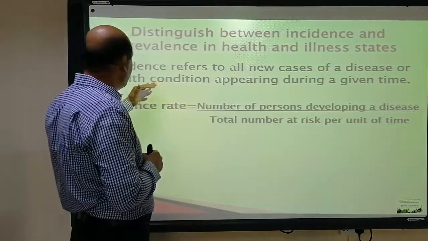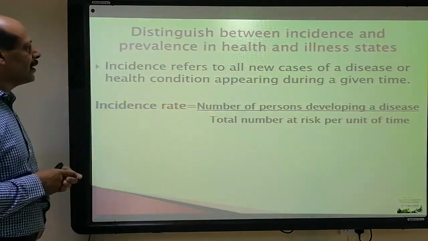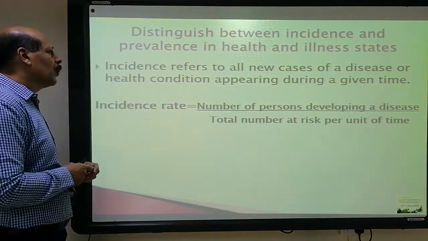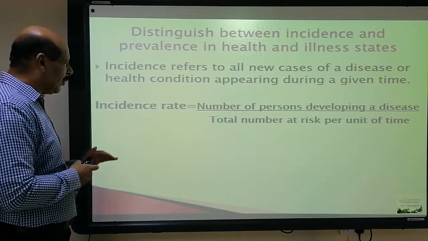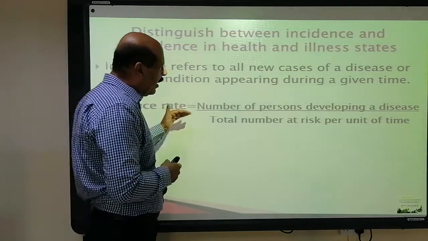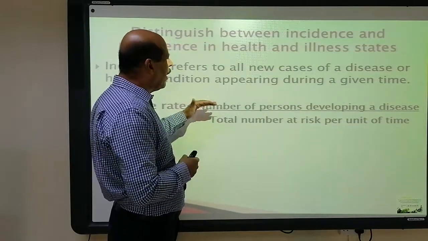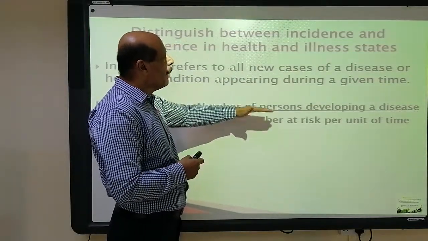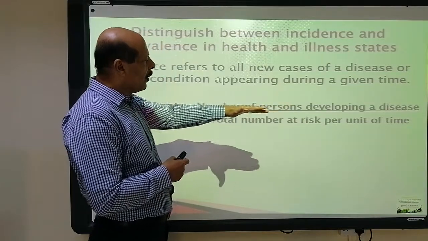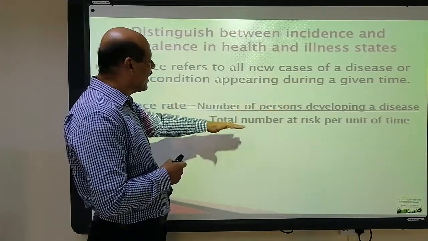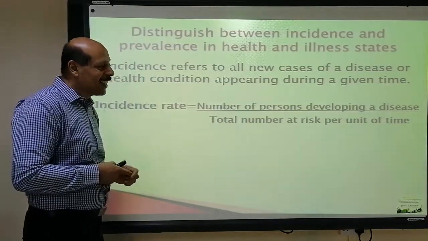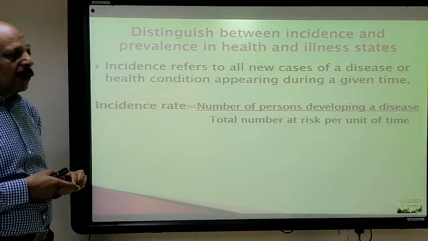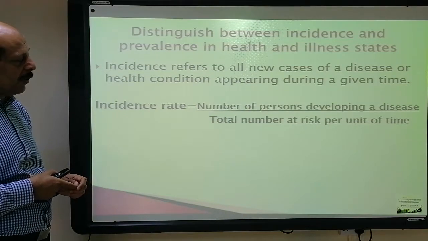The incidence rate is calculated as the number of persons developing the disease over the total number of persons at risk per unit of time during a period of time.